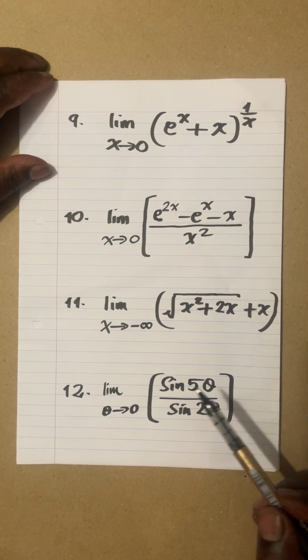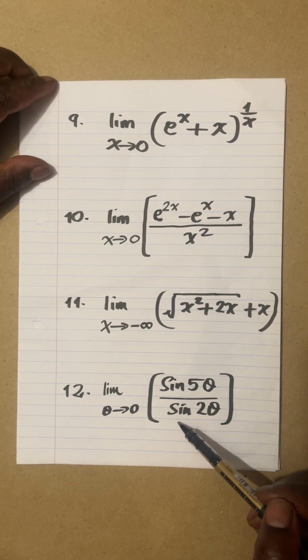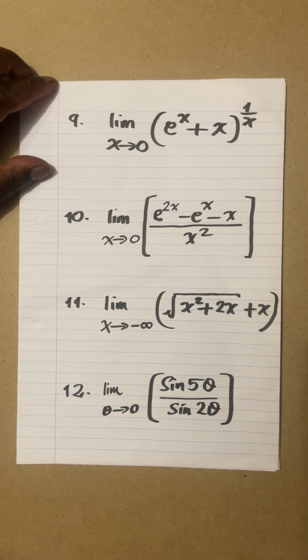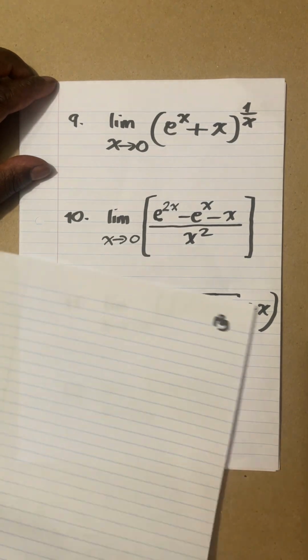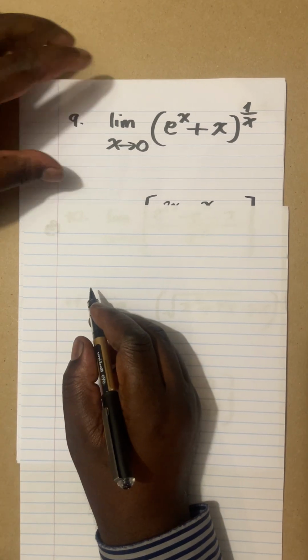We are supposed to evaluate the limit as theta approaches 0 of sine 5 theta over sine 2 theta. Now, to deal with this, we take advantage of a very important result with regards to limits of trig expressions.